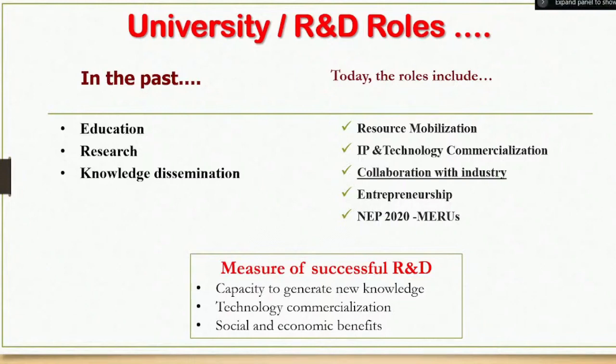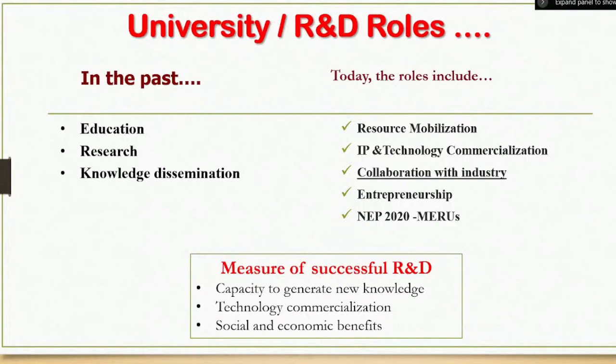But now what governments are saying is, you are already a 100-year-old institute. You need to mobilize your own resources by producing new knowledge, transferring that knowledge to industry and getting money out of industry, so that you do not depend on public money.